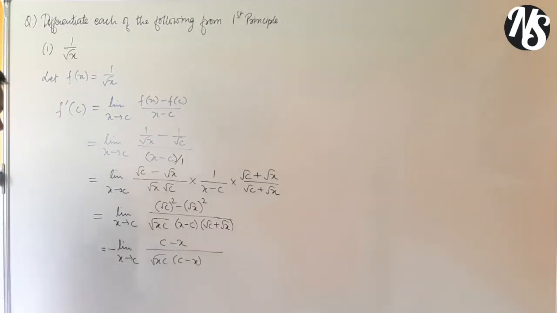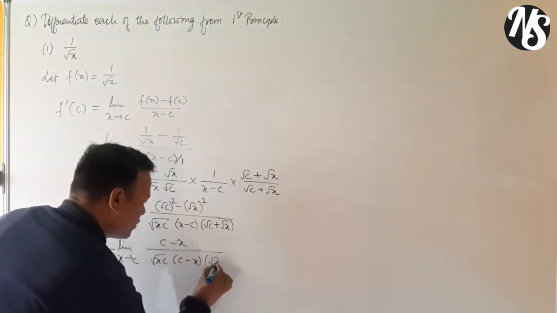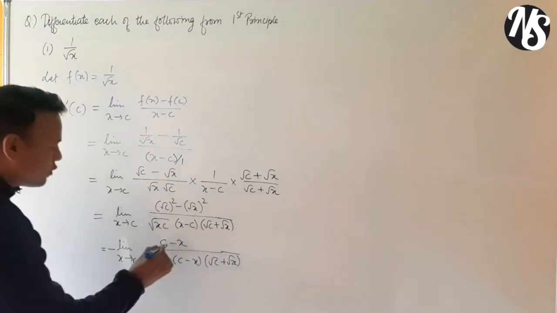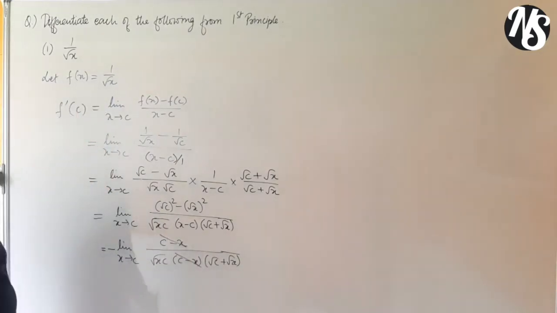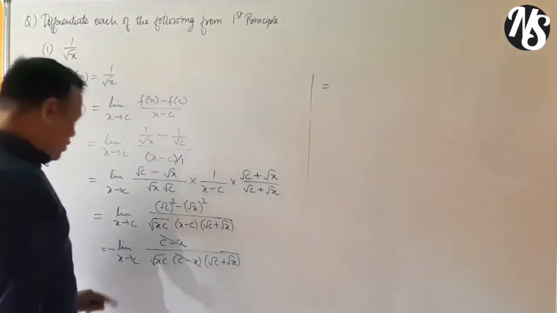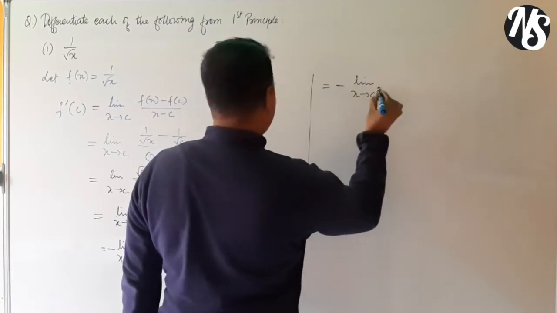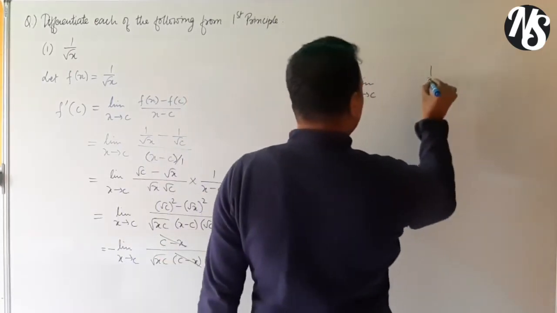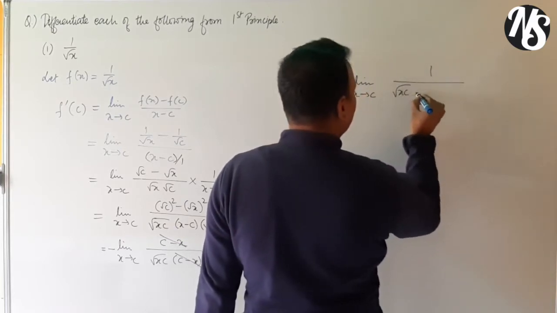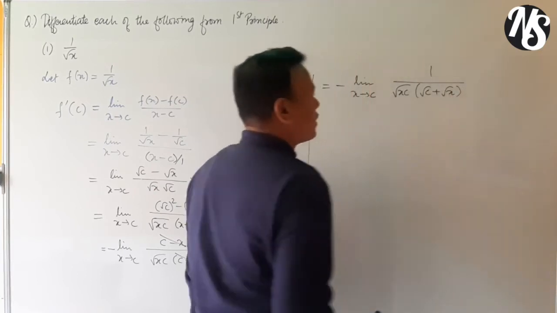Okay, so minus is taken common, and the denominator contains one more term, that is square root of c plus square root of x. Now you see that this and this gets cancelled. Yes, so that's why this will be equal to minus limit x tends to c. So we have got 1 in the numerator. In the denominator we have square root of x, c into square root of c plus square root of x.